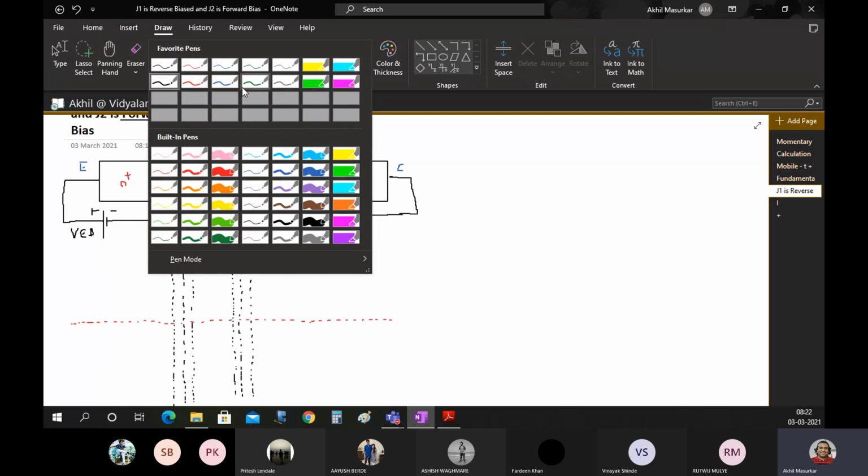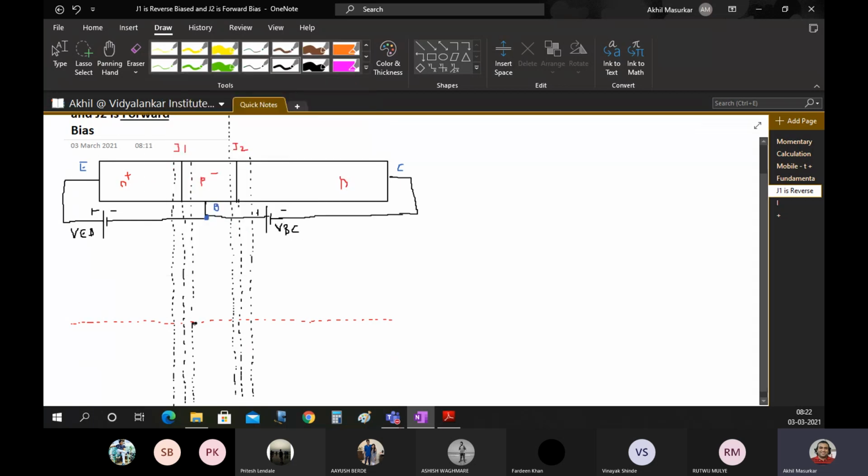Like I said, base is always the reference. So here you are injecting positive charges, and that is why the electron concentration will come down. And here you are injecting negative, so again the electron concentration is going to go up. Now you maintain the integrity of P and N regions.